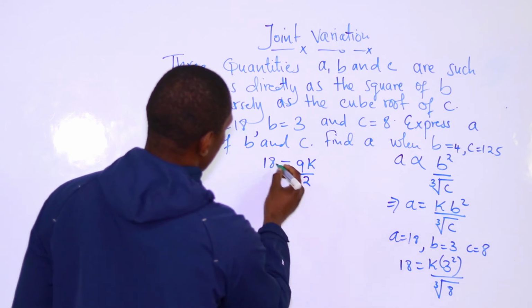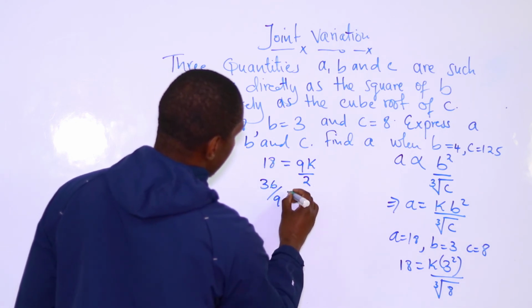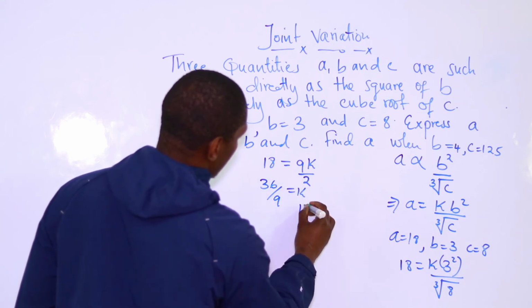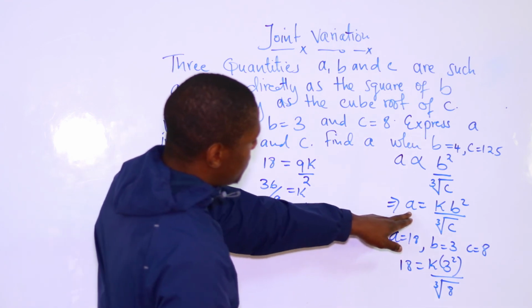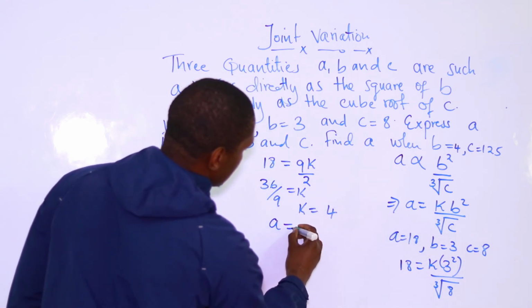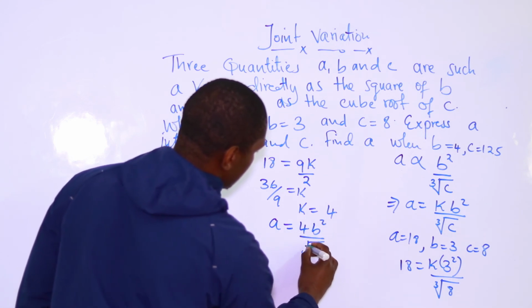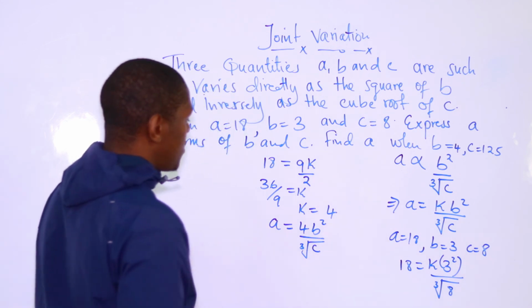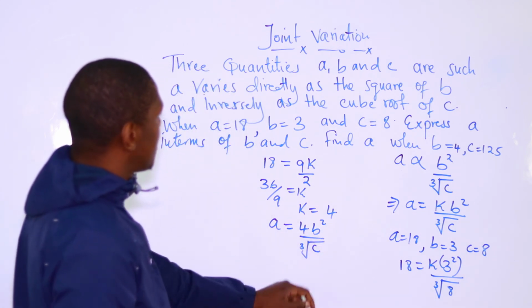Multiplying, 36 divided by 9 is equal to k. So our constant of proportionality is 4. Substituting this into the equation, we have a is equal to 4 b squared over the cube root of c. So this is the equation connecting a, b, and c.